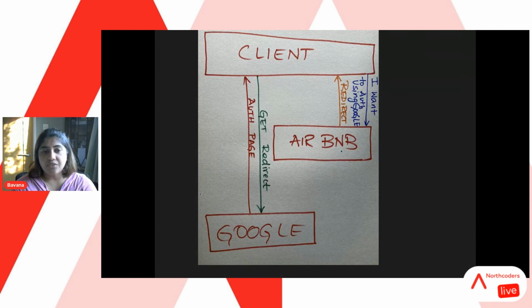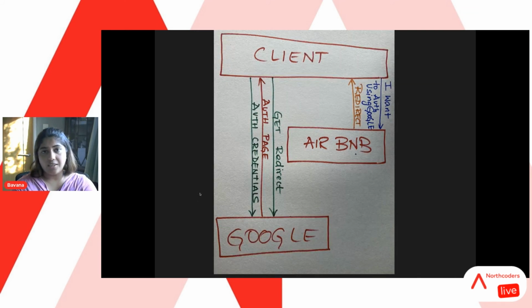When you send a redirect, Google sends back an authentication page asking, are you sure you want to do this? Is this you asking for it? At this point, the client says yes, and they enter the credentials, the username and the password, to say, yes, this is me.